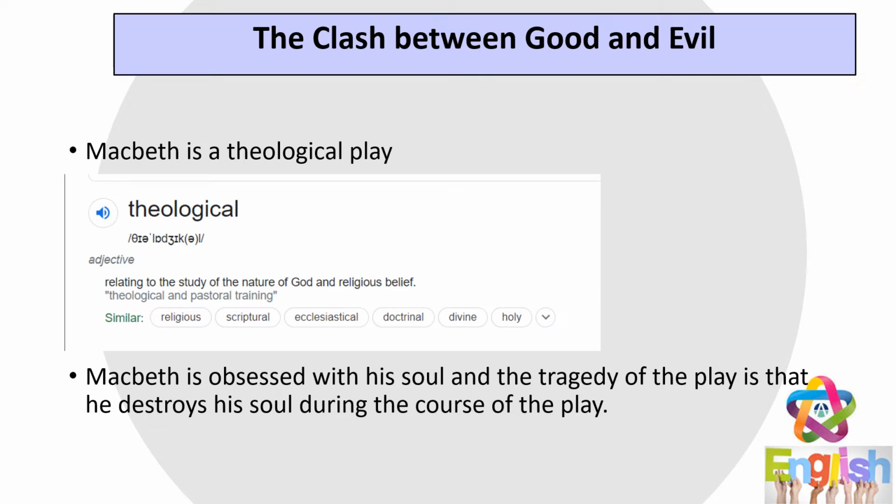In the sleepwalking scene at the end, the doctor says, "Unnatural deeds do breed unnatural troubles," and that's what Macbeth catastrophically does to his own soul. The play plants itself firmly in the clash between good and evil. That is one of the central themes: if you allow evil to come into your soul, it will completely destroy it and destroy you.